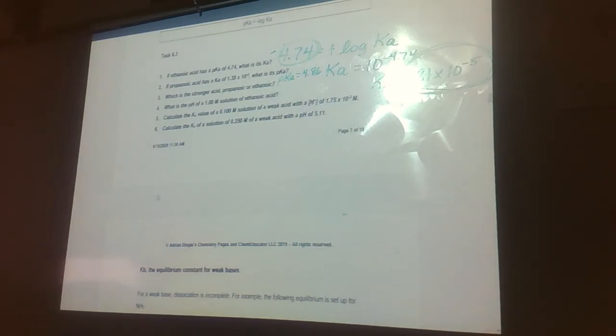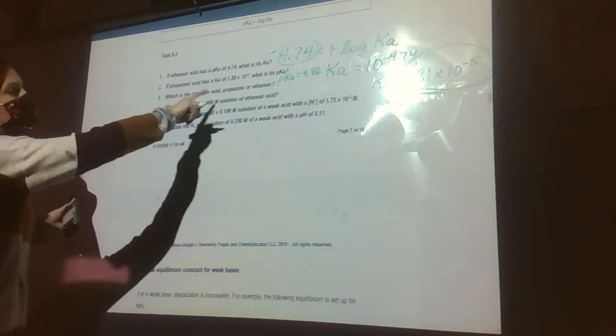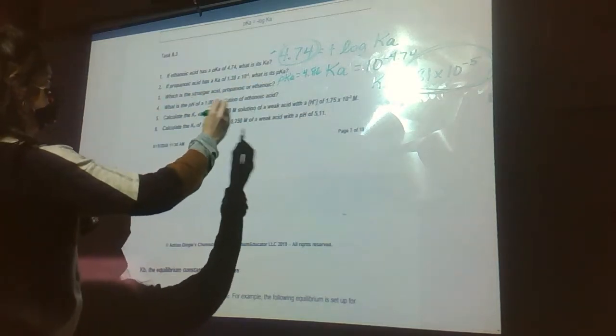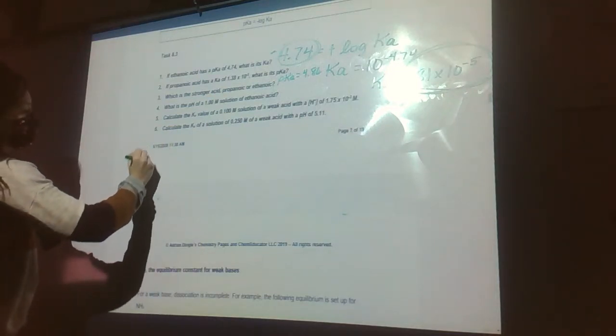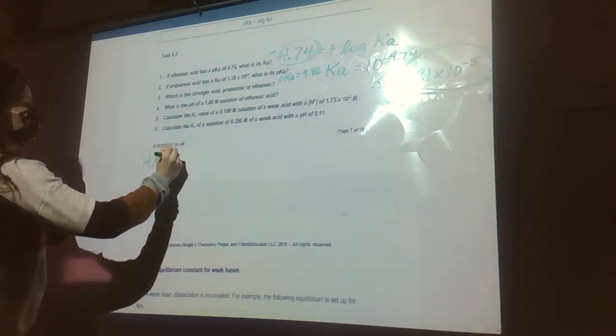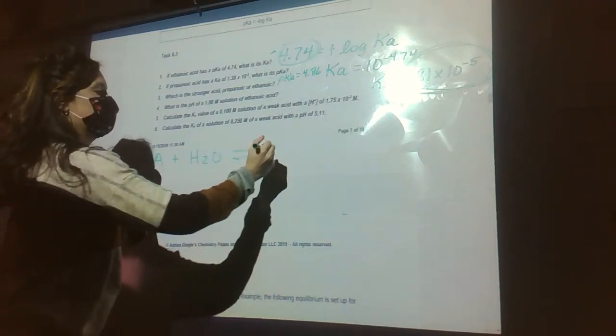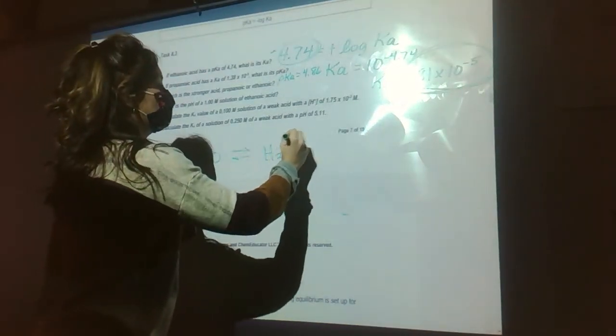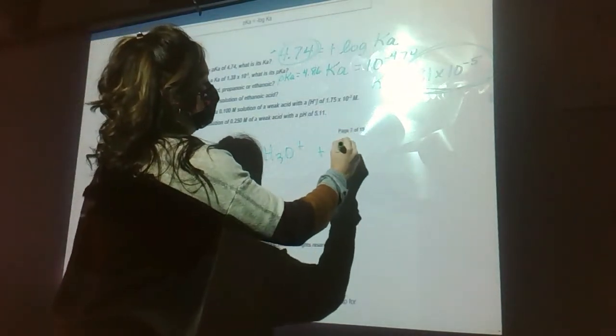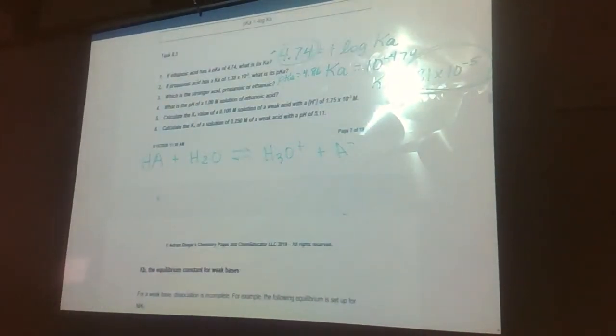What is the pH of a 1 molar solution of ethanoic acid? Okay, so ethanoic acid I'm just going to write as HA. In water it dissociates to make hydronium and whatever the ethanoate ion is.